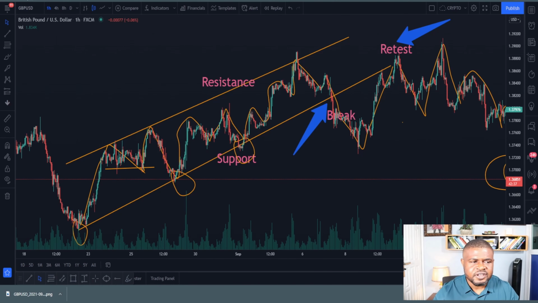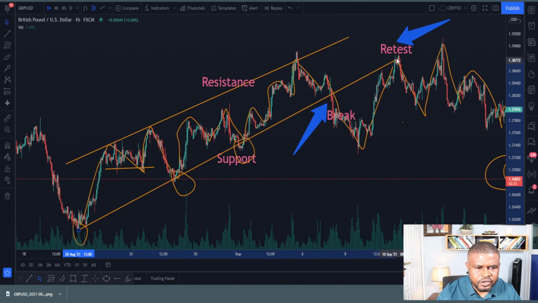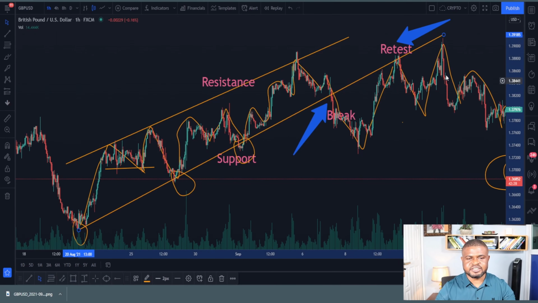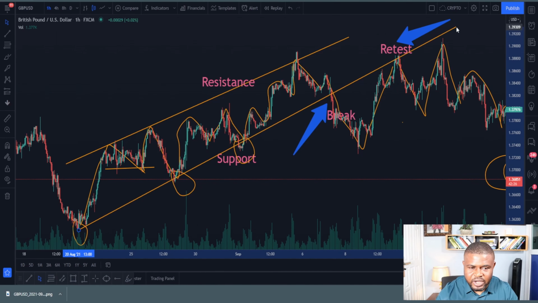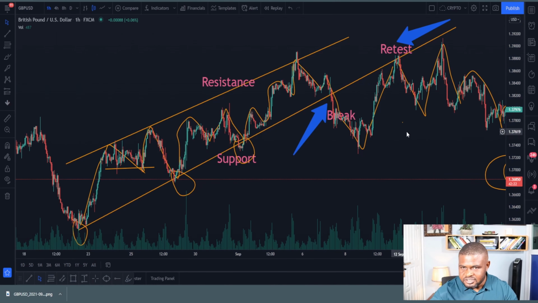That is, if it gets to the support level that got broken and again gets rejected. At this instance it got rejected twice. That is another confirmation that this price should continue down, because it tried, it retested.